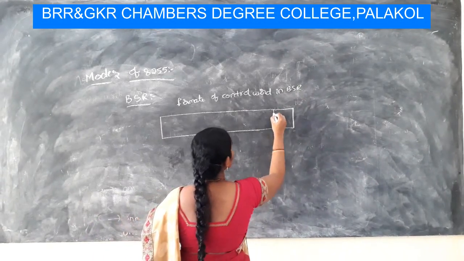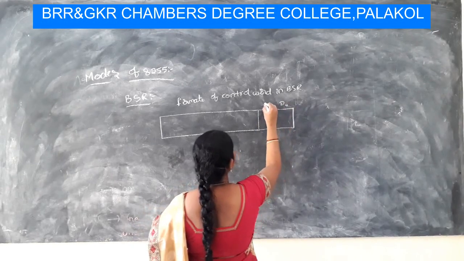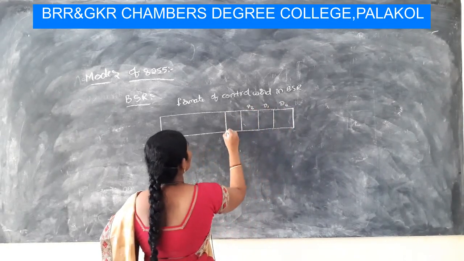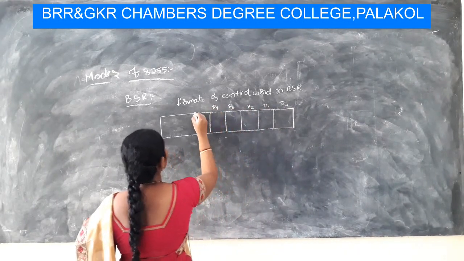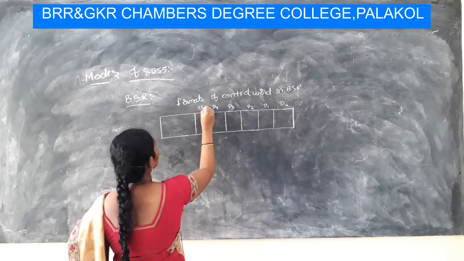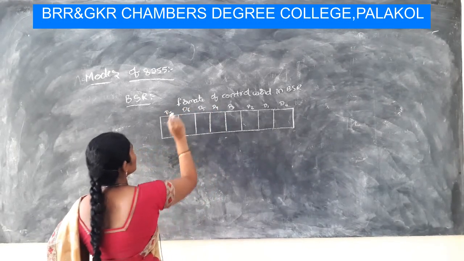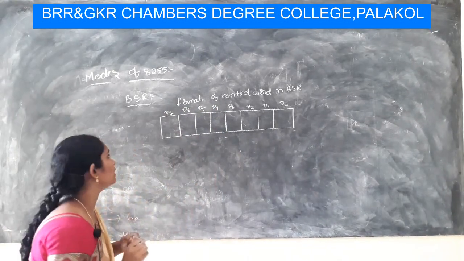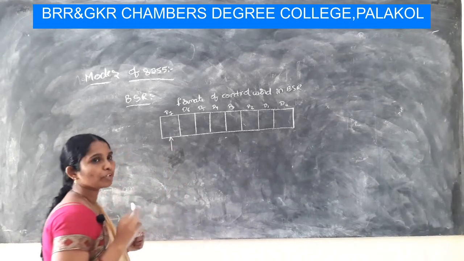Here the control word is an 8-bit register, so those 8 bits are D0, D1, D2, D3, D4, D5, D6 and D7. So these are the 8 bits. Here the first is the D7 bit.